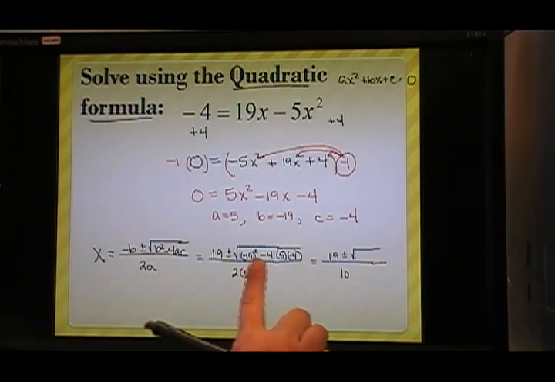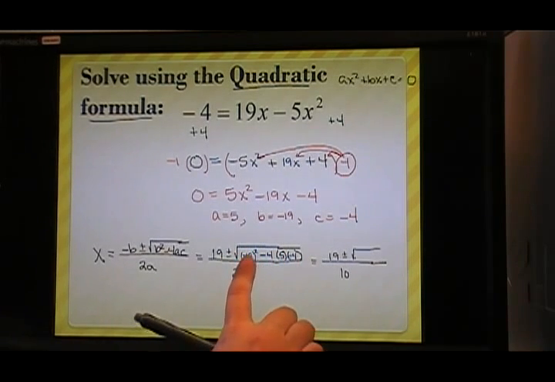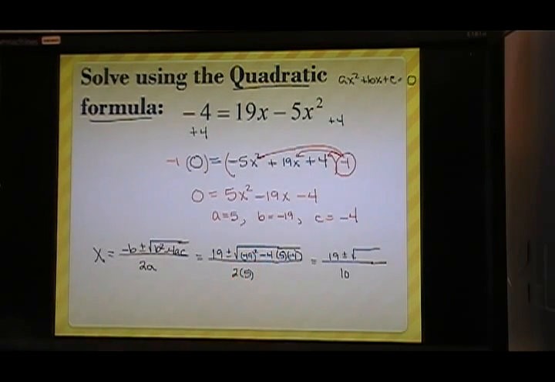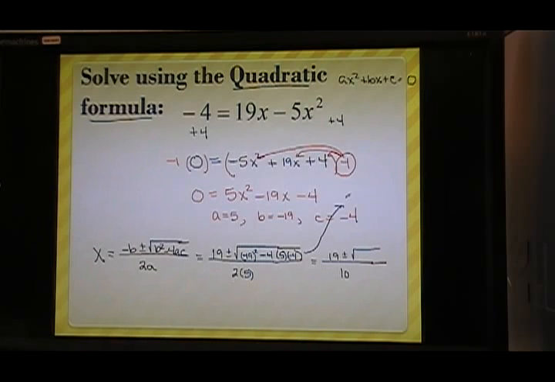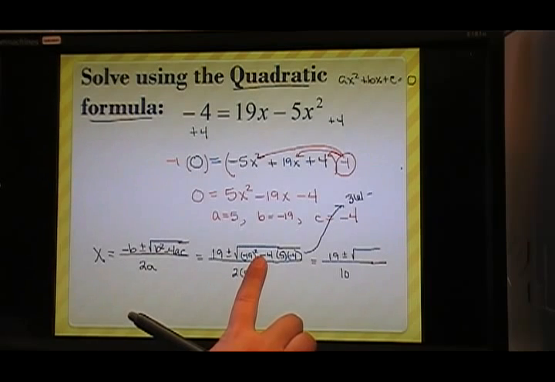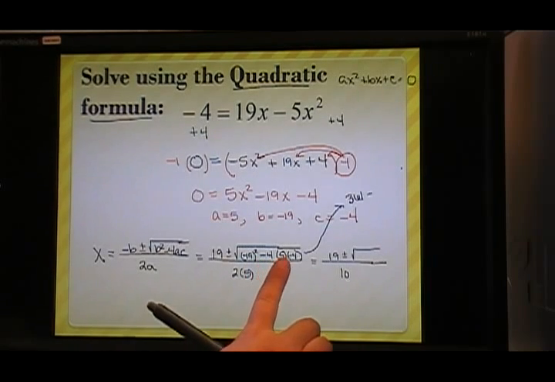Okay, so when you're working on doing this simplification, when you're finding the value of this discriminant, negative 19 squared minus 4 times 5 times negative 4, let's look at that. We'll kind of pull this up here. So if I multiply negative 19 times negative 19, I get positive 361 minus, so I think of it as minus 4 times blah blah blah.